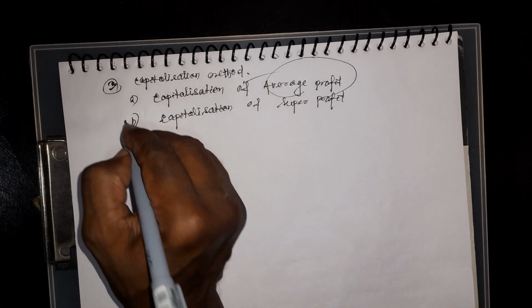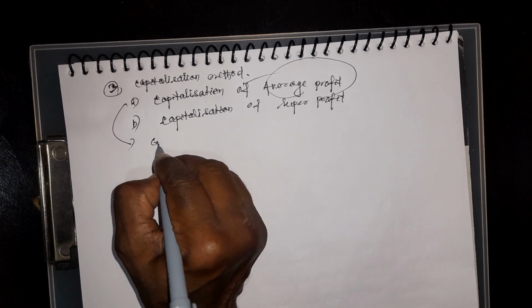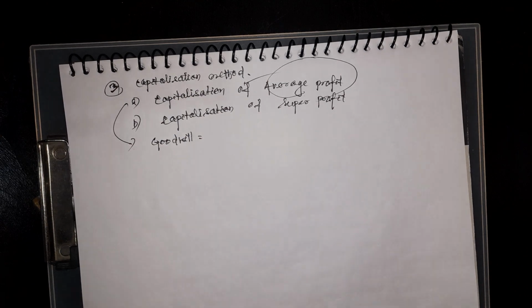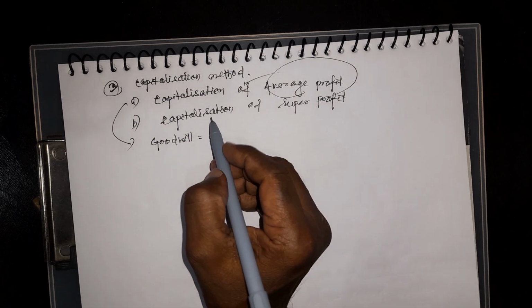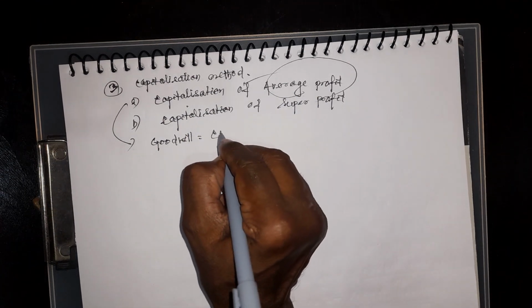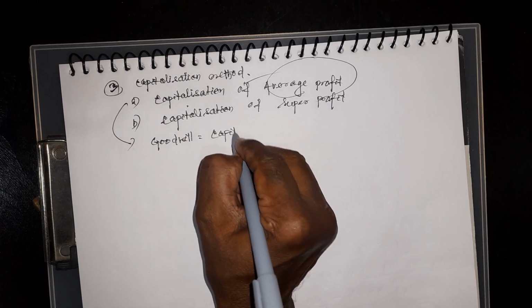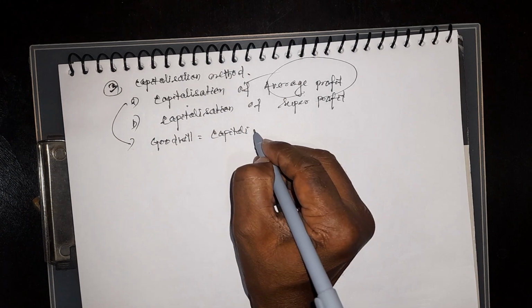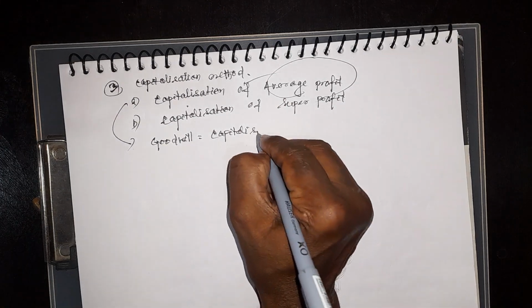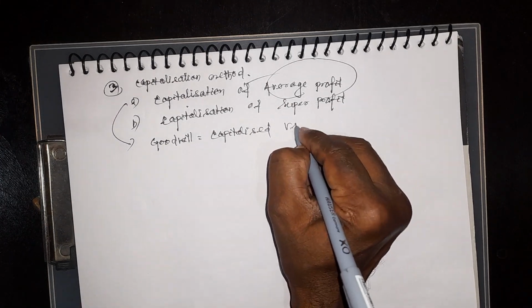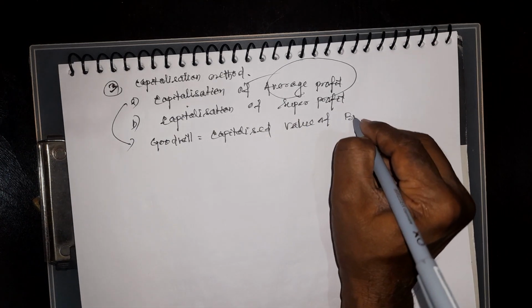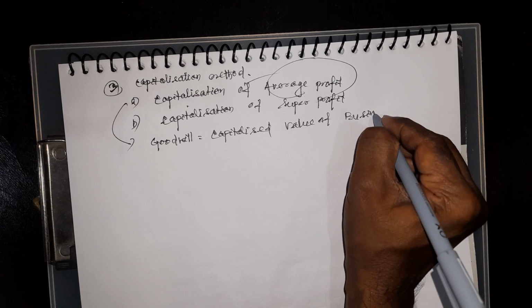So here, the goodwill equals the capitalized value of business minus net assets. Clear?